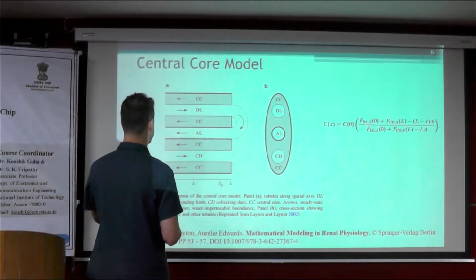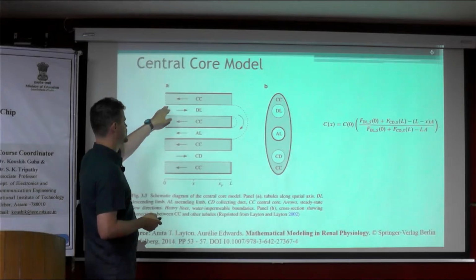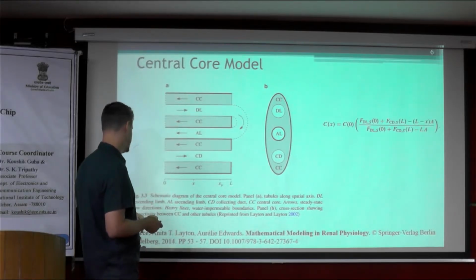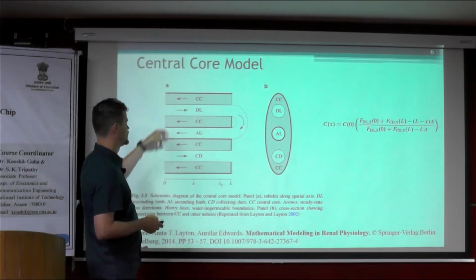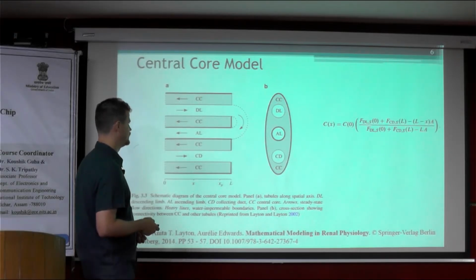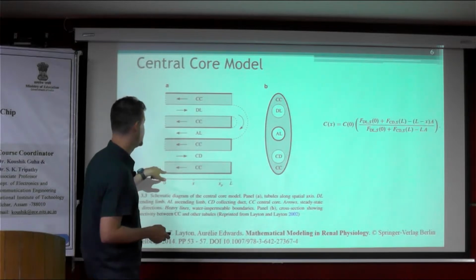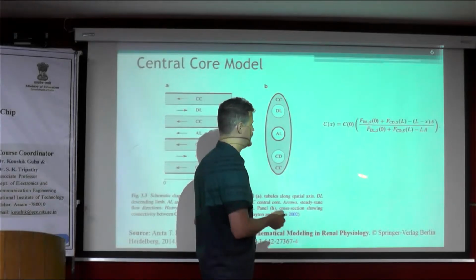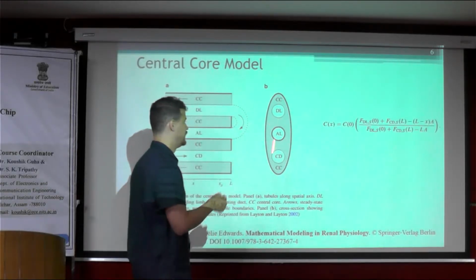This is the central core model, and here we assume that there is no extracellular space between the cross sections of the descending loop. So we consider the solute transport, taking into consideration the water flux and the solute flux in the collecting duct. That provides another explanation of how the concentration of the solute can change at any given position of X.